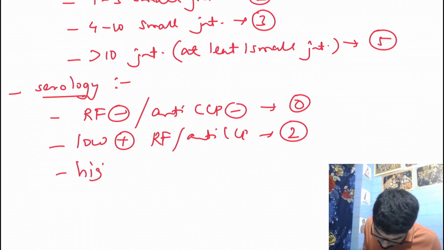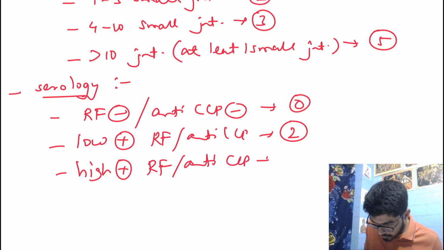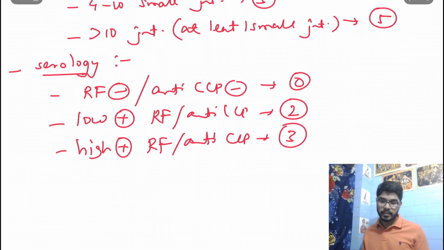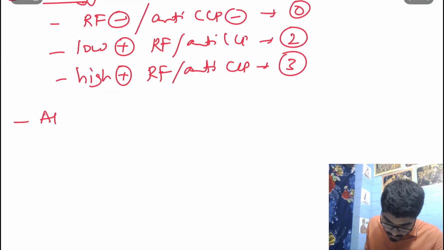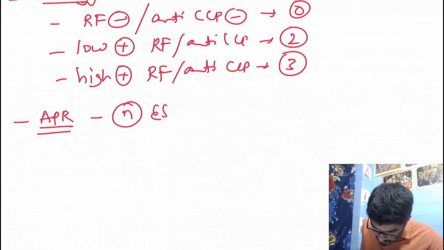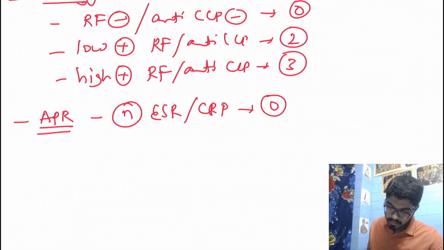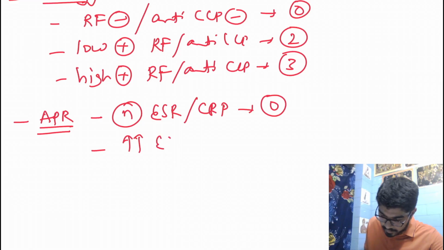And if any one of them is high positive, then we give a score of 3. Then the third component is acute phase reactants. If we get normal ESR or CRP, we give a score of 0, and if ESR or CRP is elevated, we give a score of 1.